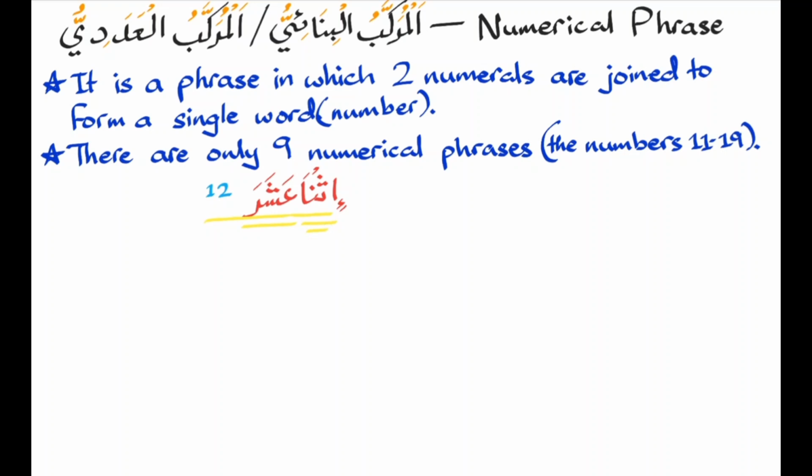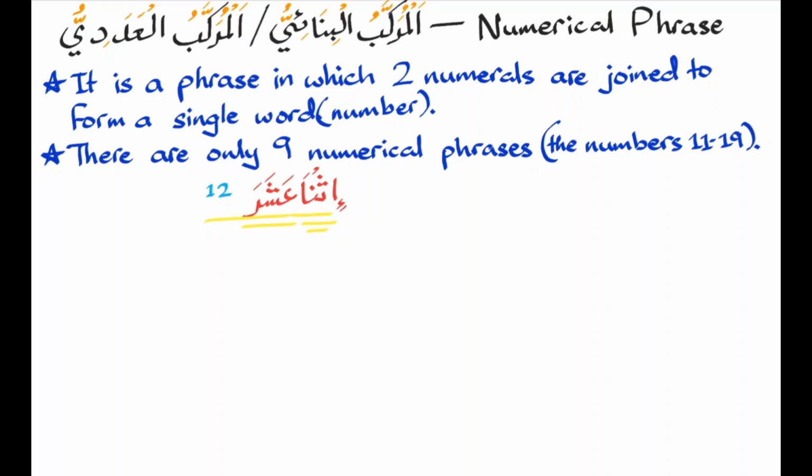If it is supposed to deserve a rafa', meaning it comes in halatul rafa', then it's going to stay as ithna ashar. And by the way, halatul rafa' basically means it comes in any position where it gets the haraka of rafa', meaning dhamma. For example, it's a mubtada or a khabar or a fa'il, then it's going to stay as ithna.